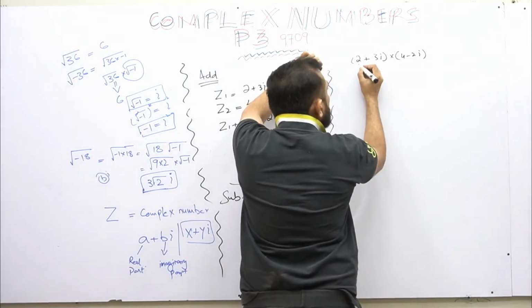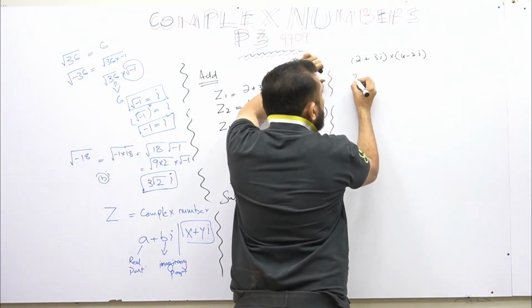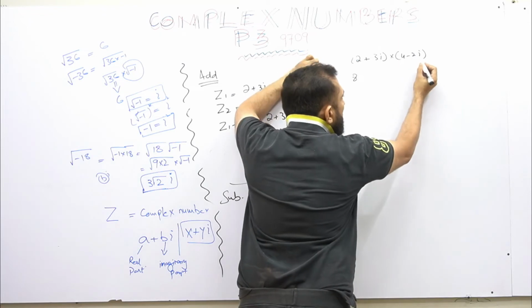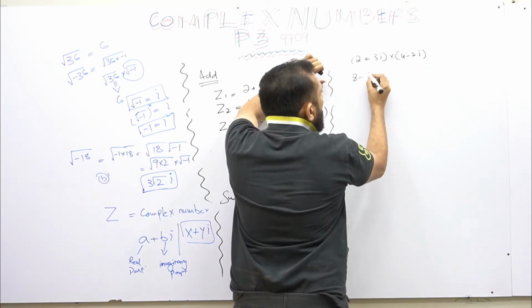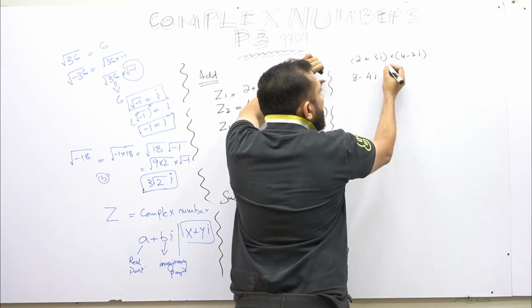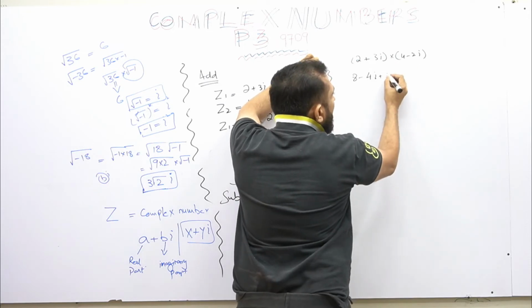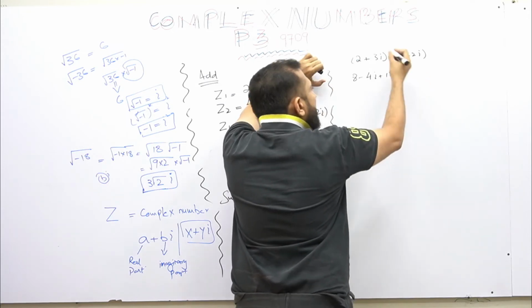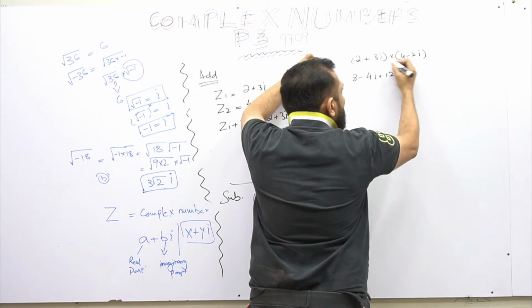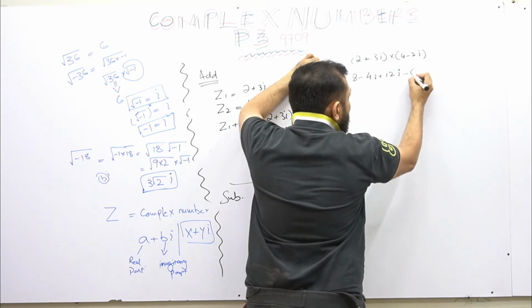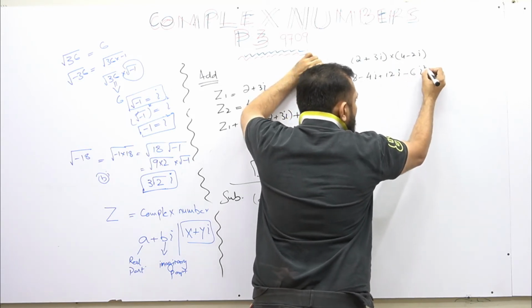So it is simple. First 2 with 4 is 8, then 2 with minus 2 iota is minus 4 iota, then 3 iota with 4 is plus 12 iota, and then 3 iota with minus 2 iota is minus 6 iota square.